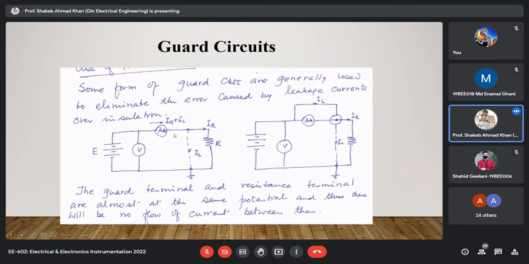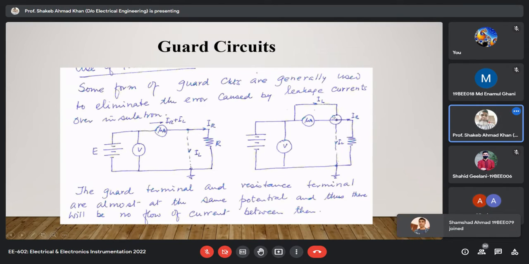So you can see that the ammeter is reading both your leakage current as well as your conduction current, and they are of the same order, and that's why we are very much concerned. Now, the conceptual solution has been shown.